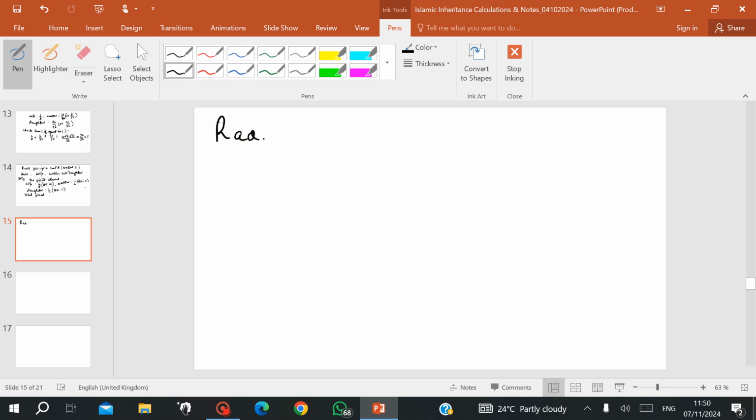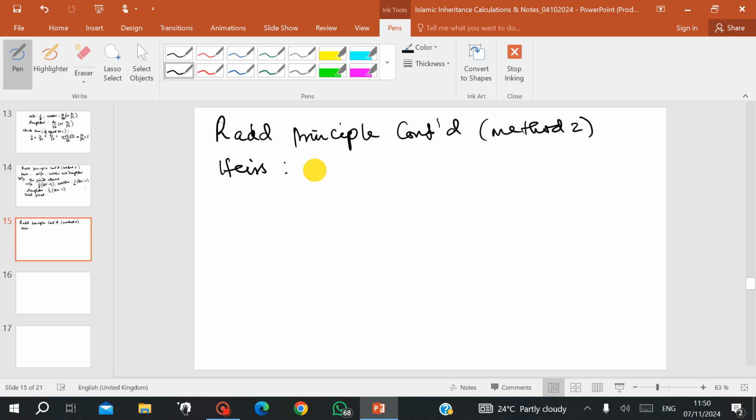Radd principle continued. This is method 2, as we mentioned. So recall that the heirs were wife, mother, and a daughter.